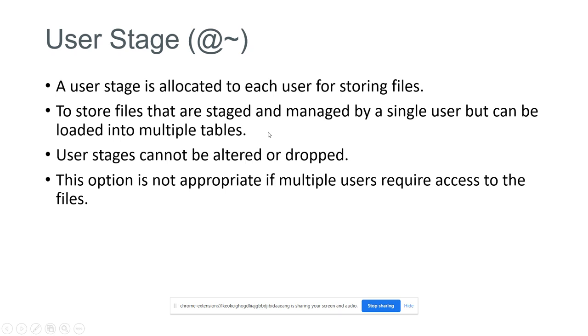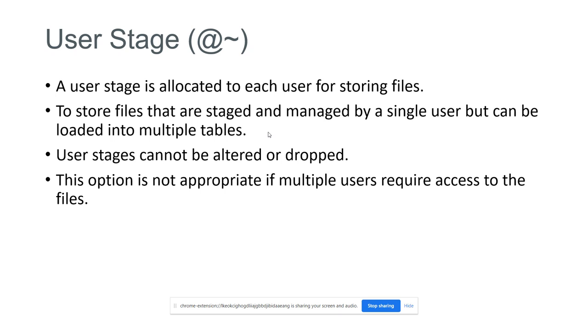Just try to understand the difference between user stage and table stage. The user stage is allocated to each and every user, so I can load any type of file. Suppose I have a customer data file, product data file, sales data file, all types of files. I can copy them to the Snowflake internal staging area, which is my user stage, and from there I can process and load the data into tables. Here it is a single user.